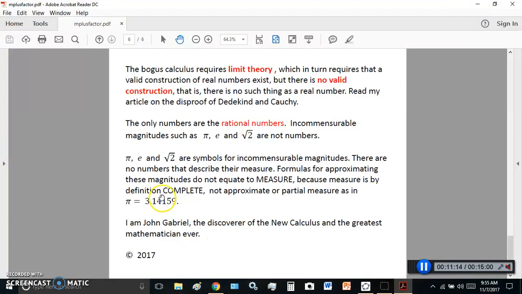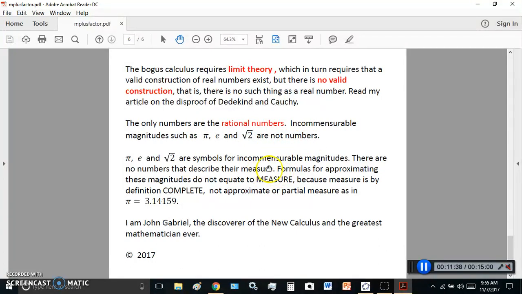Read it. Okay, so the only numbers are the rational numbers. There are no other numbers. Because, why? Because a number is by definition the measure of a magnitude. Incommensurable magnitudes, that is, magnitudes which are not commensurate with any other, such as pi, e, and square root 2, are not numbers.